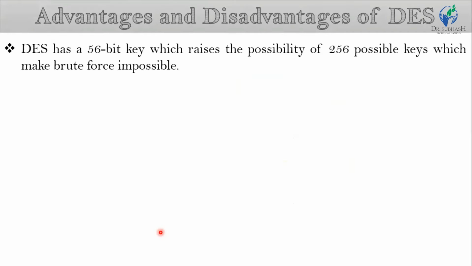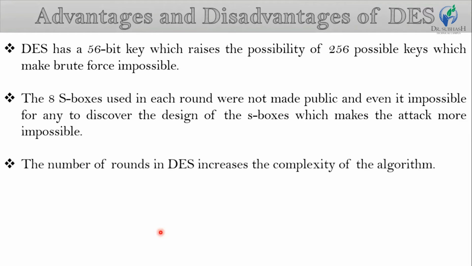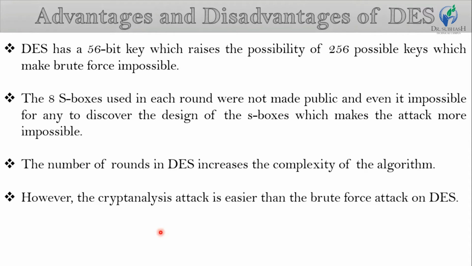The first is that DES has a 56-bit key, which gives 2^56 possible keys, which makes brute force difficult. Second, the 8 S boxes used in each round were not made public, and it was difficult for anyone to discover the design of the S boxes, which makes attacks more difficult. Next, the number of rounds in DES increases the complexity of the algorithm. Now the disadvantage of the DES algorithm: cryptanalysis attacks are easier than brute force attacks on DES.